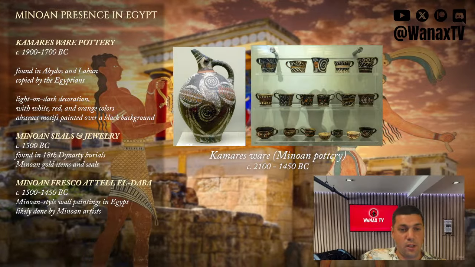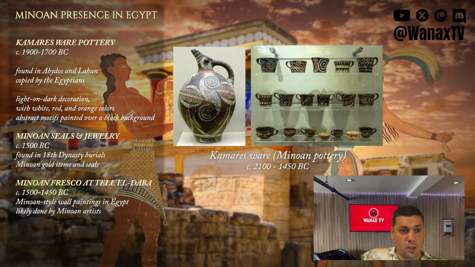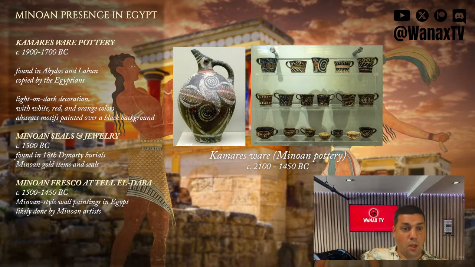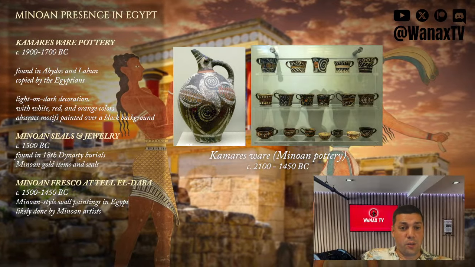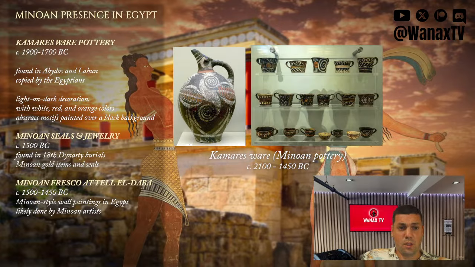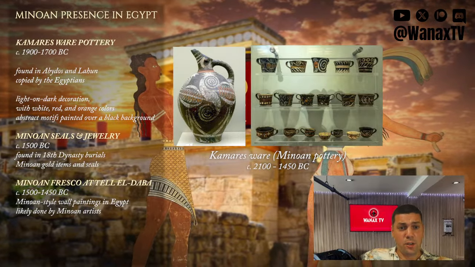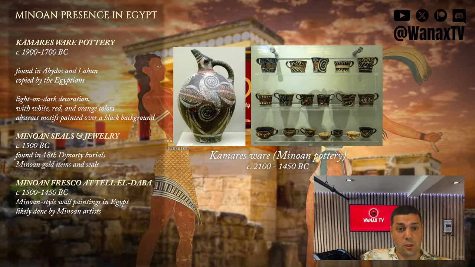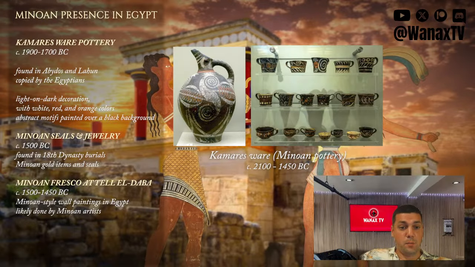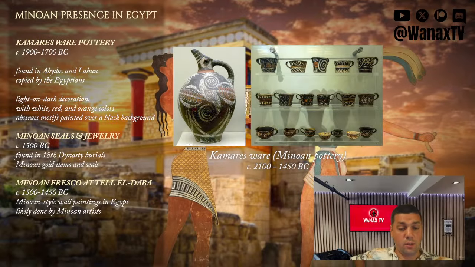As you can see, light on dark decoration with white, red, and orange colors, and usually abstract motifs with dark or black backgrounds. I believe in some of the vases we can see fish as well, so not always abstract. Perhaps in the later period they started doing animal motifs also, but this is the Kamares, the Minoan pottery between 2100 and 1450 BC.